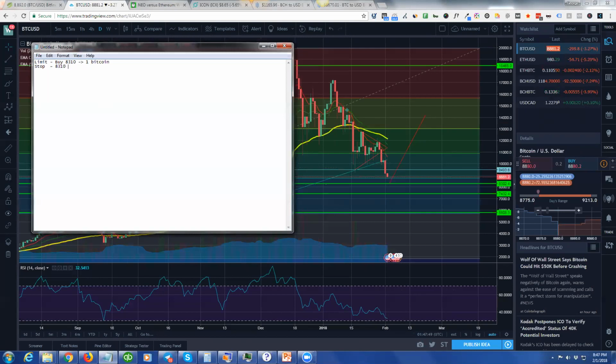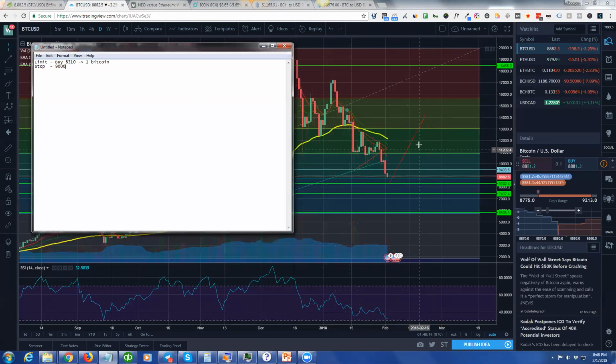So we change our stop loss, and this is called a trailing stop. As the price continues up, we continue to follow it up with our stop. So if we go up to, say, 10,000, we may want to move our stop to 9,000 to give us some room, right? If we just want to follow this up and get as much profit as possible, then we could continue to follow it up.